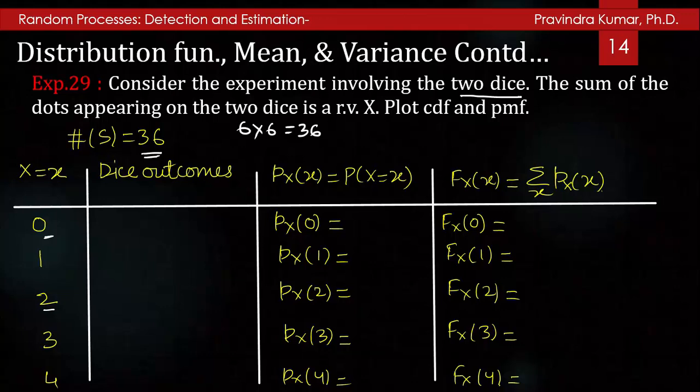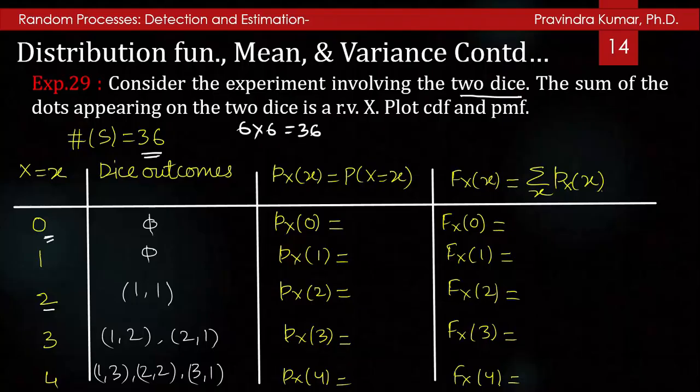For sketching the CDF or PMF, let us take the random variable x having the value 0. The meaning of x having 0 is that it is the null set, no event will come, meaning you cannot have any event where the sum of the dots is 0. And for 1, it will also be the null set.